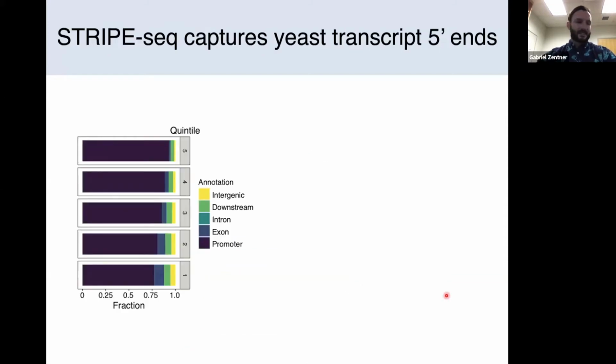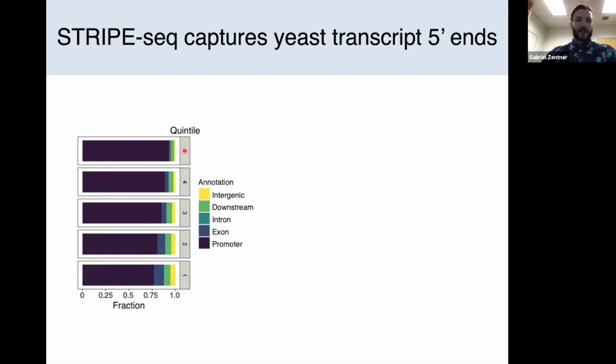So we first tested STRIPE-seq in our favorite organism, Saccharomyces cerevisiae. I'll show you a few pieces of evidence that we are indeed detecting legitimate transcription start sites. So shown here is a genomic distribution bar plot of one replicate of yeast STRIPE-seq.